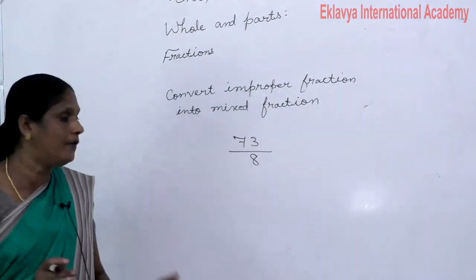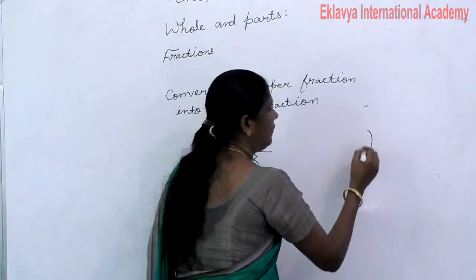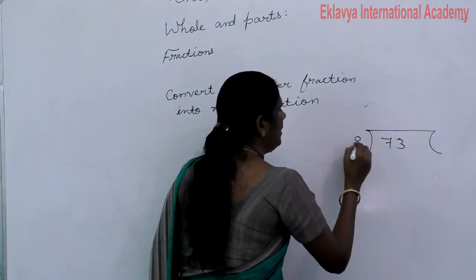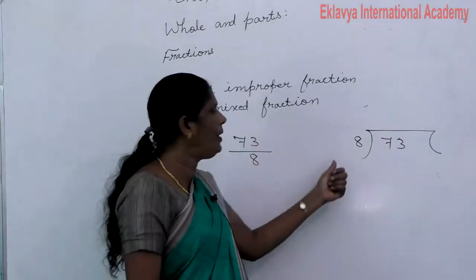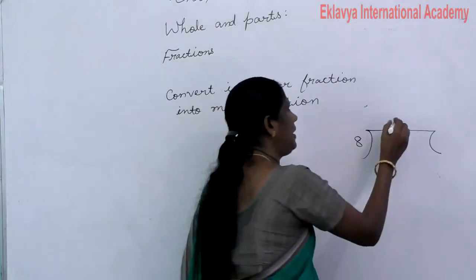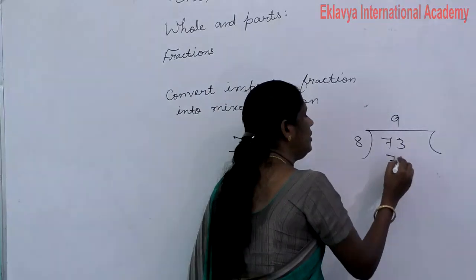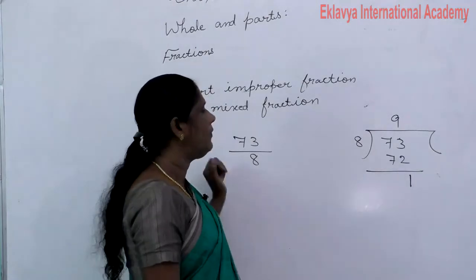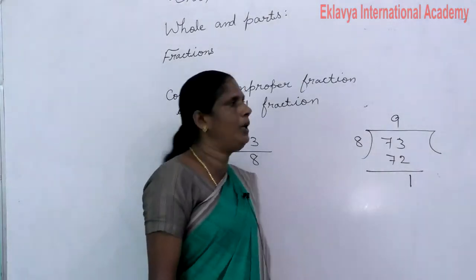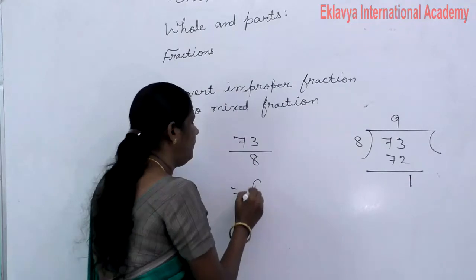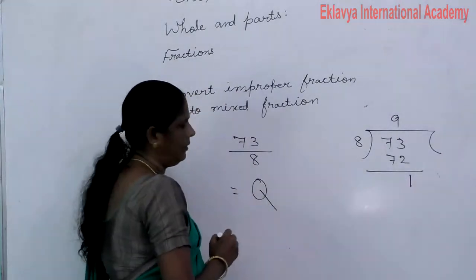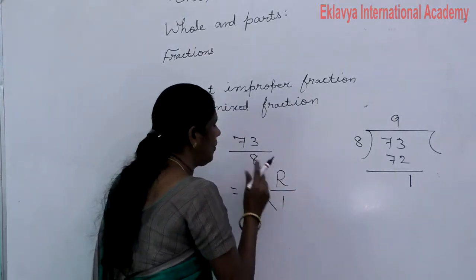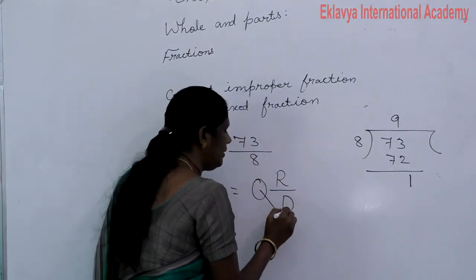First you divide 73 by 8. How many times does it go? 9 times. Then 72. Then remainder 1. This again is a formula: quotient, then remainder, then divisor or denominator.